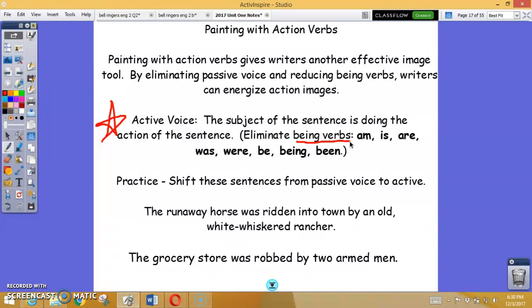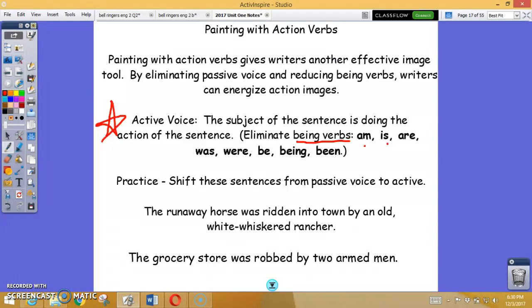I am an English teacher. We have to use linking verbs, the being verbs, from time to time. The problem comes in when they are used along with action verbs, and sometimes that creates passive voice, okay?